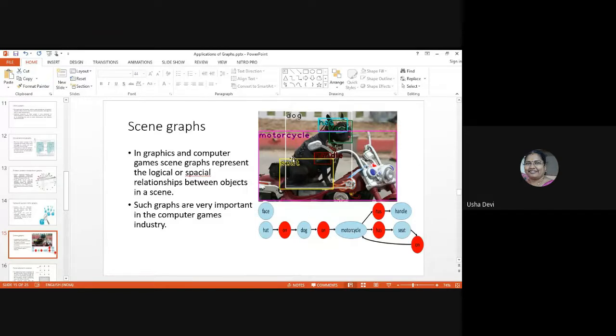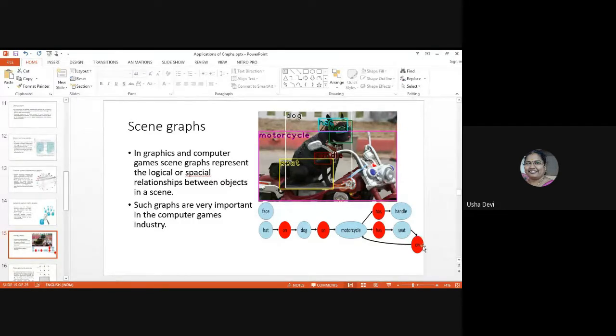There should be a relationship between one object and another. The hat is on the animal, and it is sitting on the seat. We may represent a relationship between one object and another object. Just see here, there is a face, the hat is on the dog, the dog is on the motorcycle, the motorcycle has a handle, and similarly the motorcycle has a seat.